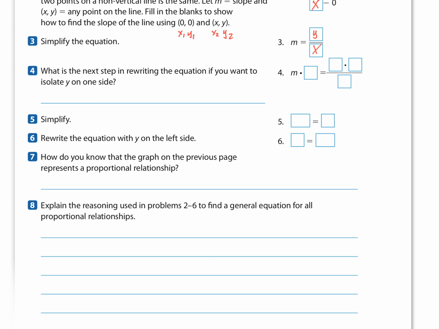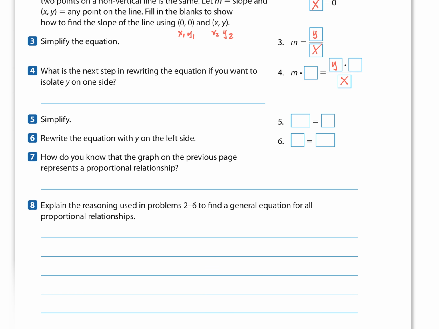For the next part, we are going to write our original variables. And number 4, can somebody read number 4 for us, please? Juan. What is the next step in rewriting the equation if you want to isolate y on one side?